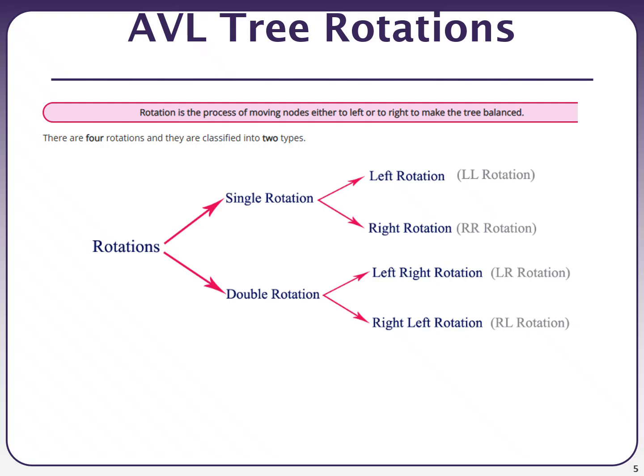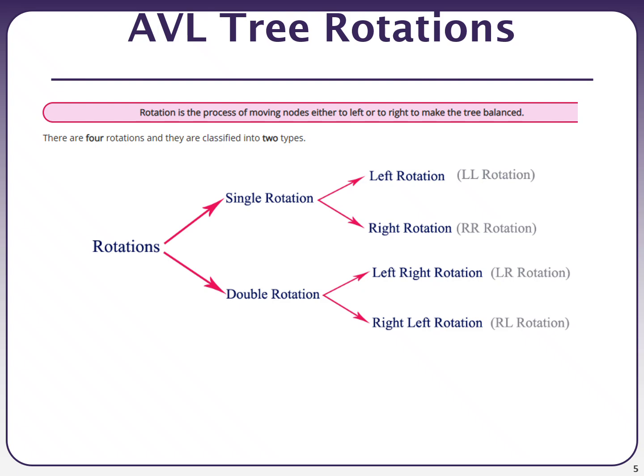It can mainly be divided into two types: single rotation and double rotation. The single rotation is further categorized into two types, left rotation and right rotation. It takes only one step, that's why it is called a single rotation, either left or right.